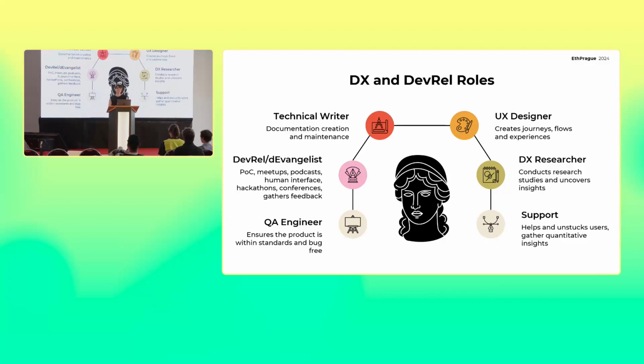Their role is to create proofs of concept, educate and advocate for the products at meetups, podcasts, conferences, and hackathons. Their goal includes raising awareness and fostering relationships between a company and its technical audience, developers and technical stakeholders. They are also the perfect link between the product and the developer community, and they can harness feedback in situ.